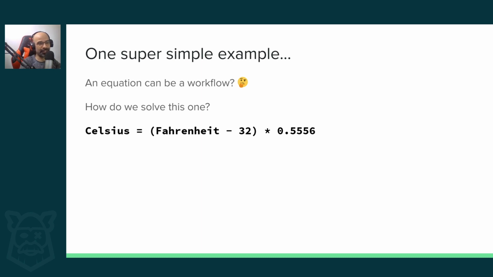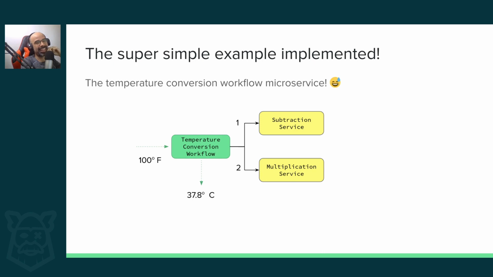The first thing you subtract, and then you multiply. So this is the equation to convert a given Fahrenheit temperature to Celsius. Let's use this use case to implement a workflow and deploy that microservice on the cloud, and see how we could manage to do that.